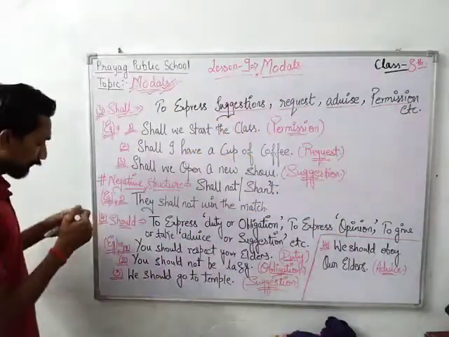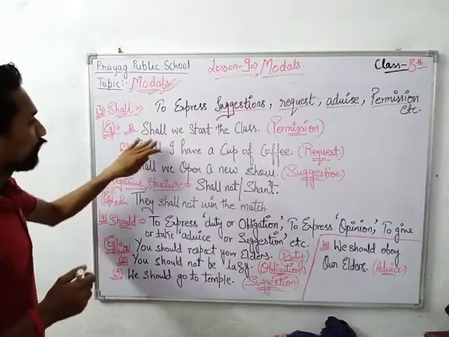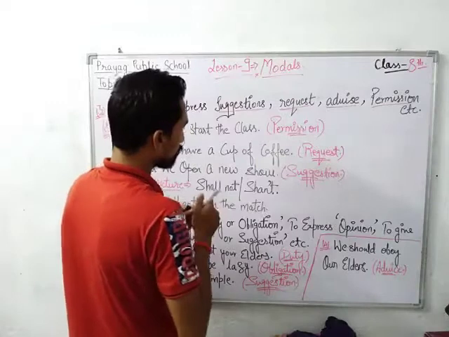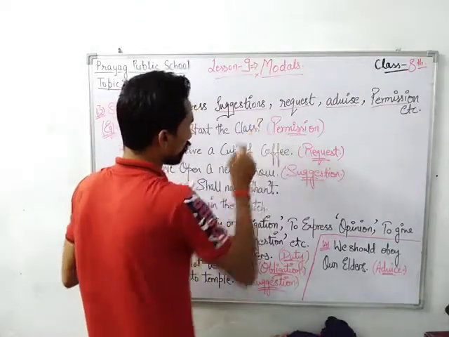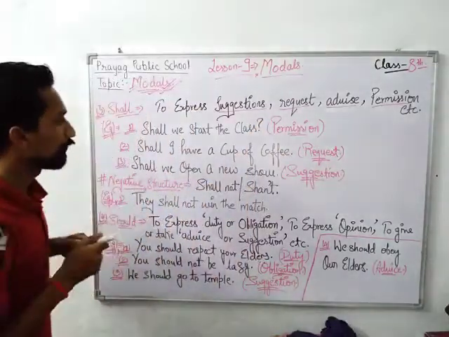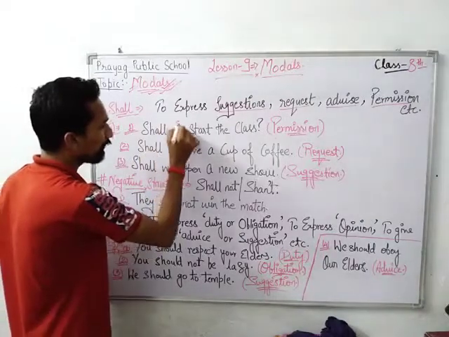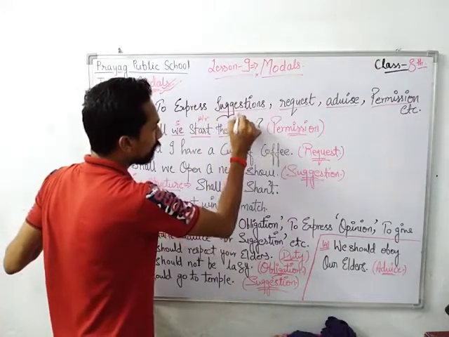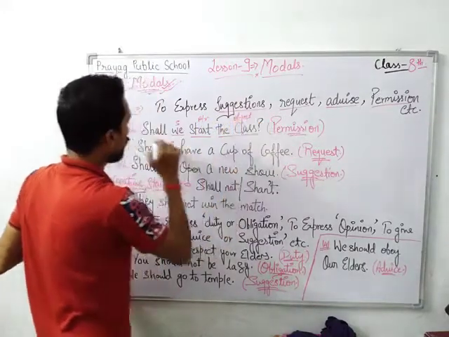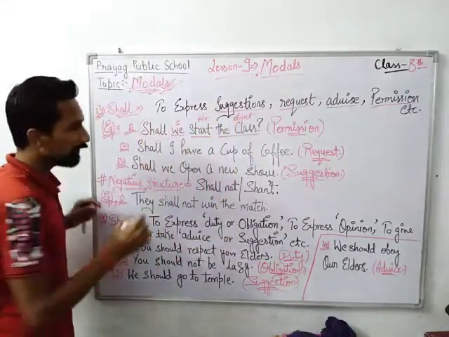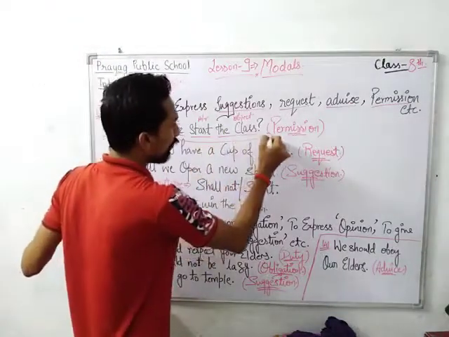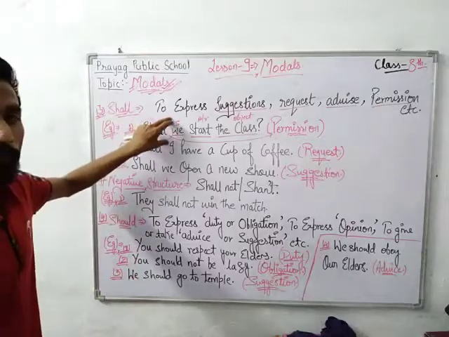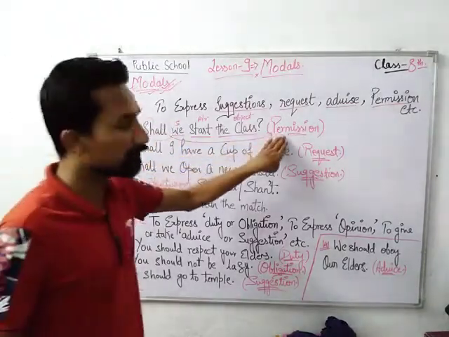Let's see how. Example. Shall we start the class, right? So shall we start the class? We is the subject, start is the action verb, the class is the object. And what is shall acting as? Shall is acting as a permission, that means it is expressing the mood of a speaker, in the sense of permission.